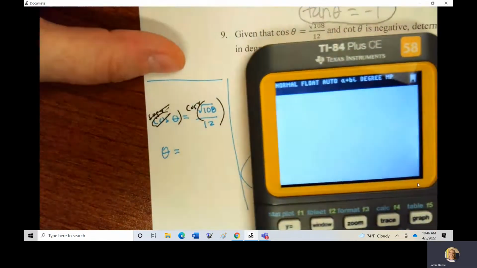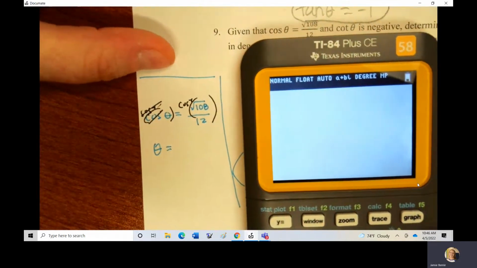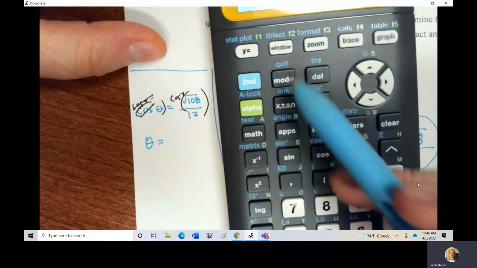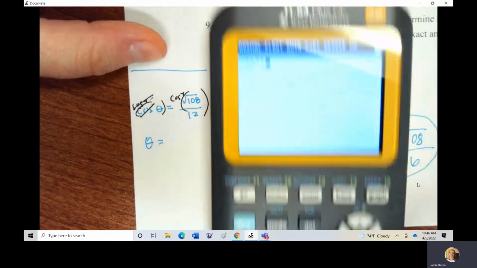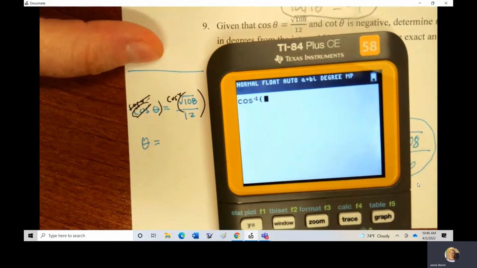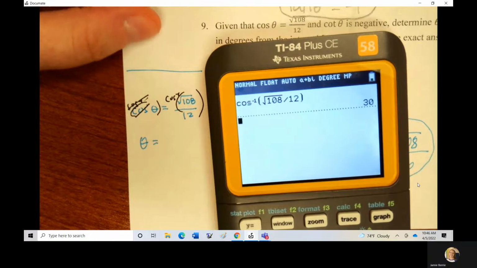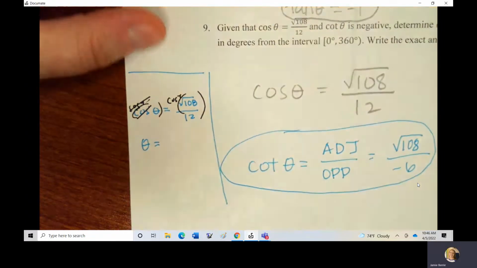Then we plug that right-hand side into our calculator. Inverse cosine is right here, second cosine. Inverse cosine of square root of 108 over 12 is 30 degrees.